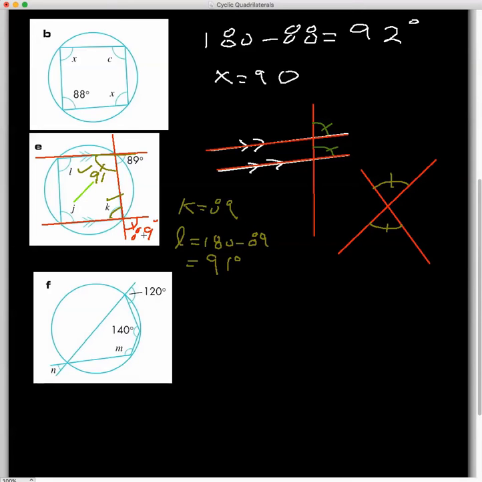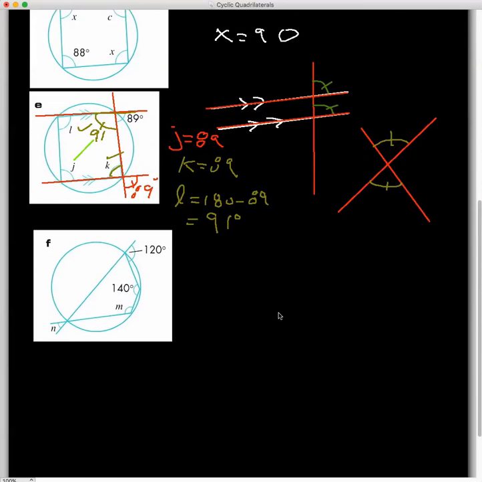So we know that 89 plus 91 is 180, so in this case it's a simple fact that J is equal to 89. All right, so we have to use a few tricks here, the scissors trick and parallel lines, to figure these two out.